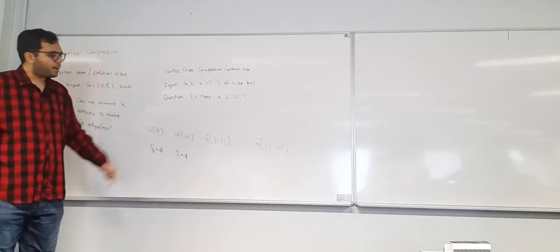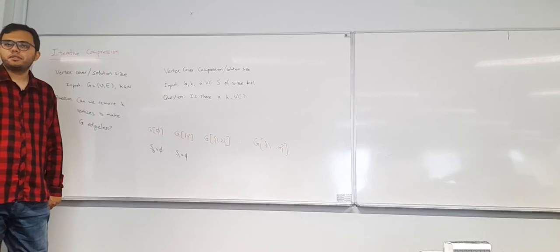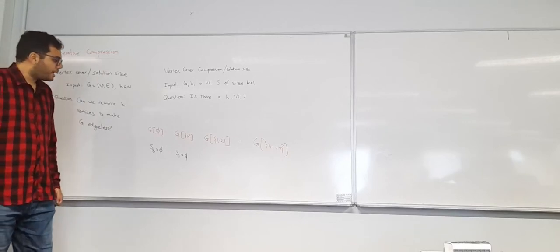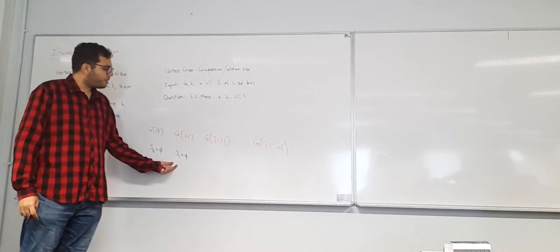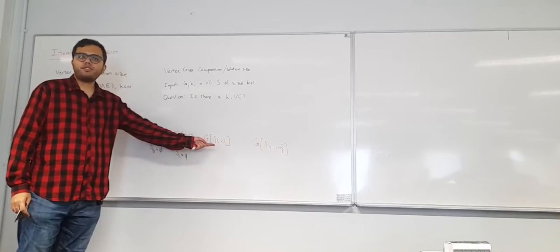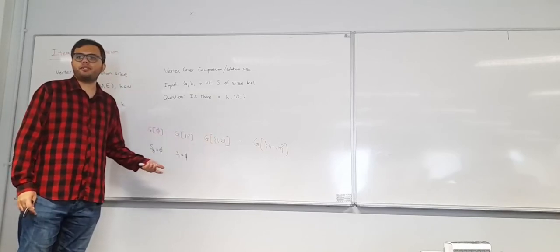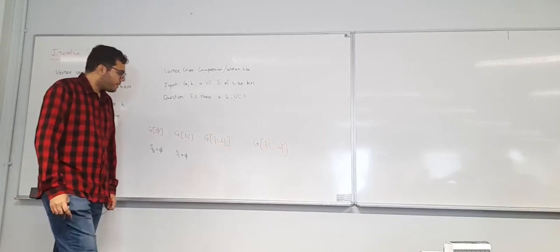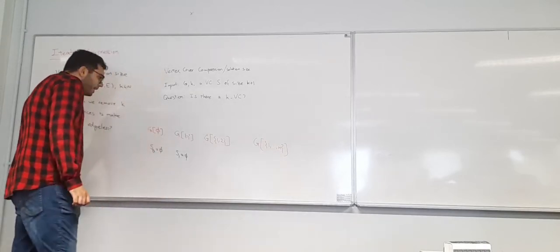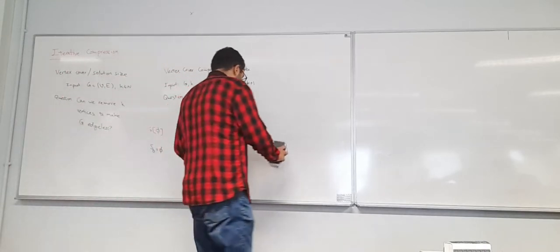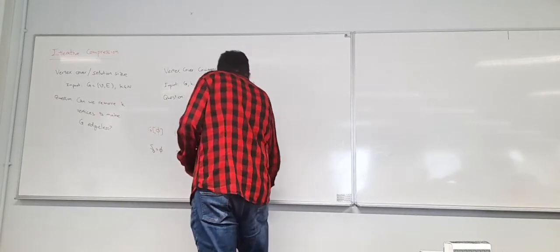How about this one? I have 2 vertices. Well, I can just take the solution that I had before, and I've added one new vertex to my graph. I can just add that vertex into my solution as well, right? And generally, I can do this as long as I have less than k vertices.